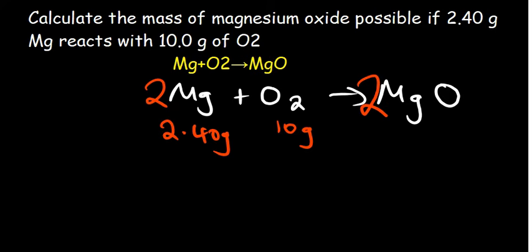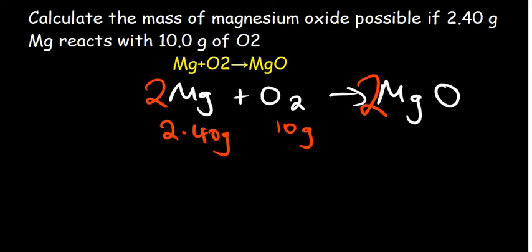Of course, oxygen we know is 15.994, and then what do we know about magnesium? Magnesium is 24.31. So basically go by that.